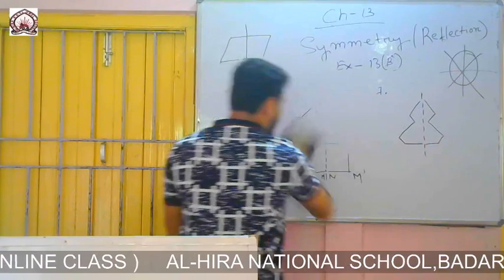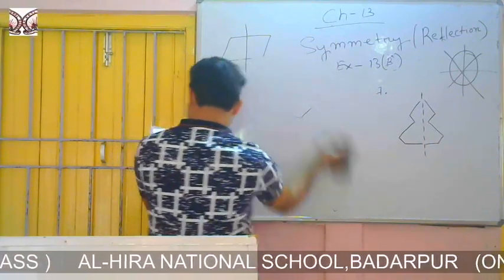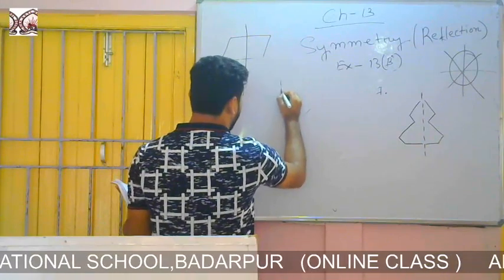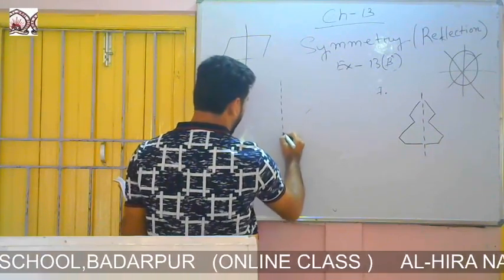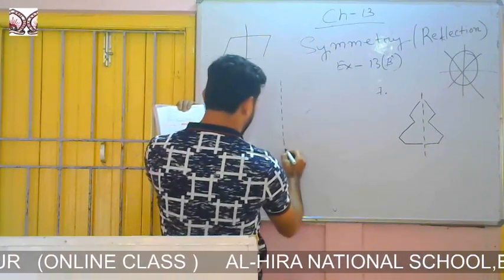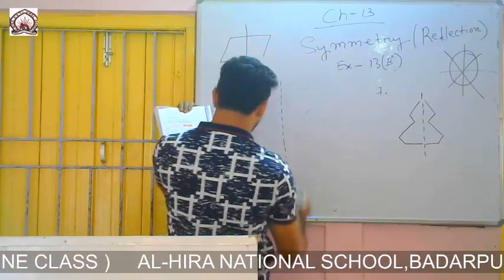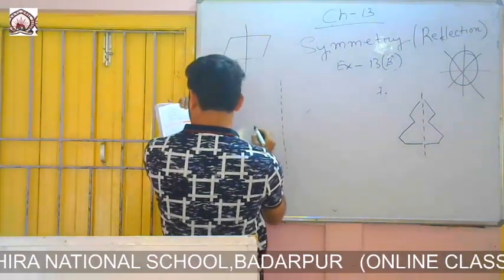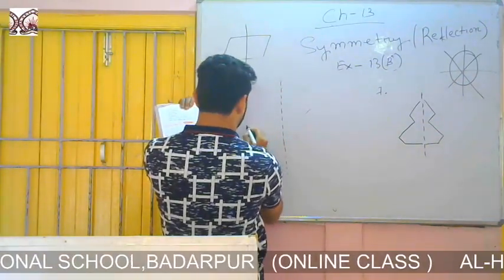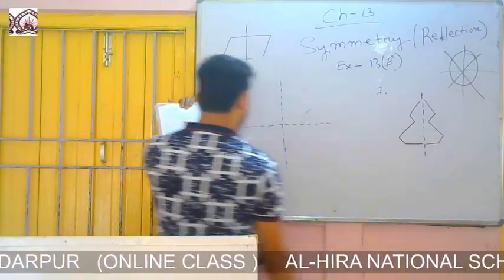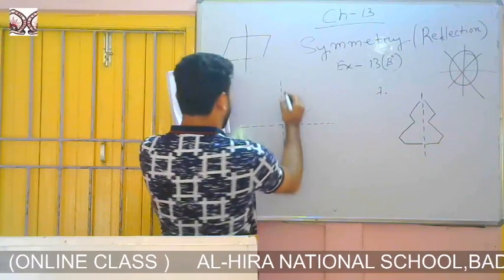Now come to 7b. Okay, the shape is given like this. Okay, then the upper portion you will get like this.